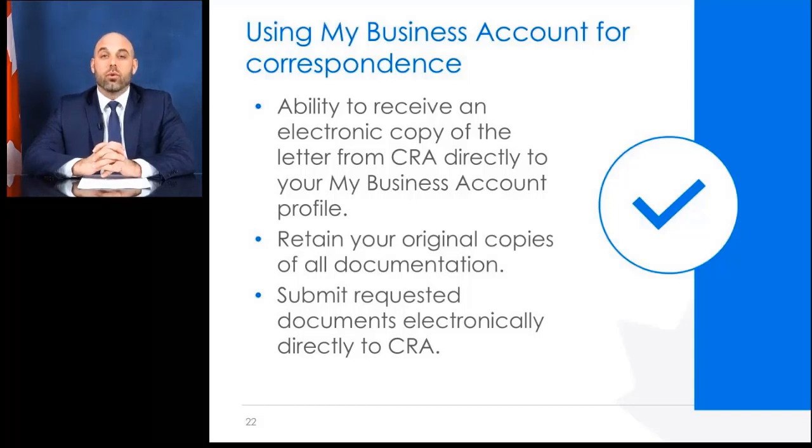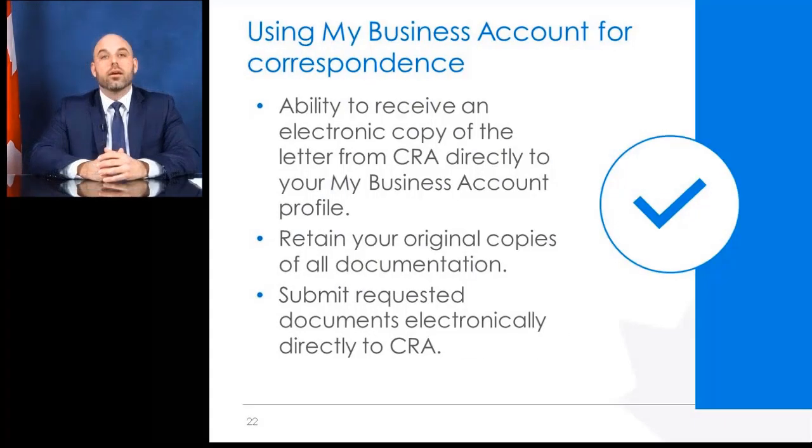My Business Account, or MyBA, is a secure online portal that business owners can use to interact with the CRA on most business accounts. Through MyBA, you can receive electronic copies of letters and documentation from us. You can also submit your receipts and documentation, which helps ensure they are received in a timely manner.